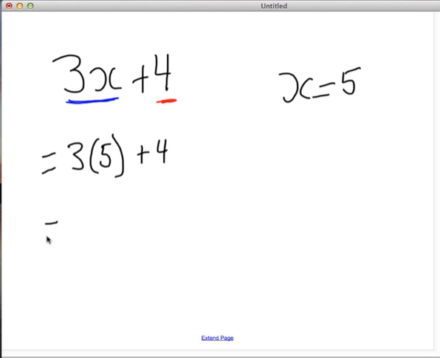So if you think back to when we were doing our patterns, this is like saying the 5th position in our pattern. Well, 3 times 5 is 15. And I still need to add that 4. I haven't done anything with it yet, so it's still here. And of course, if I do 15 plus 4, I come up with an answer of 19.